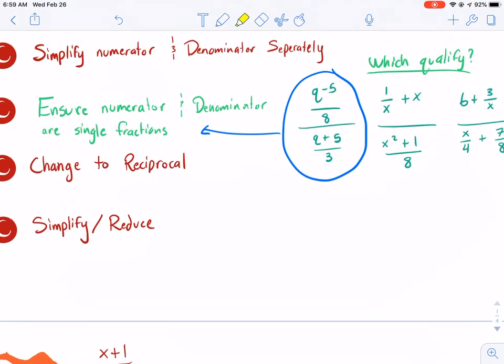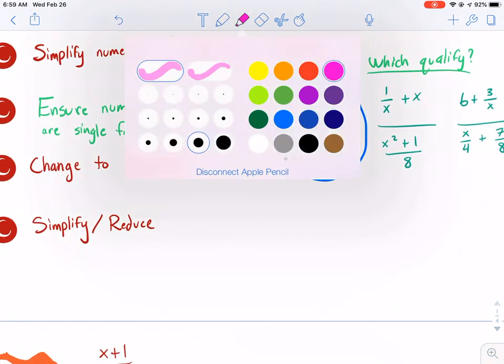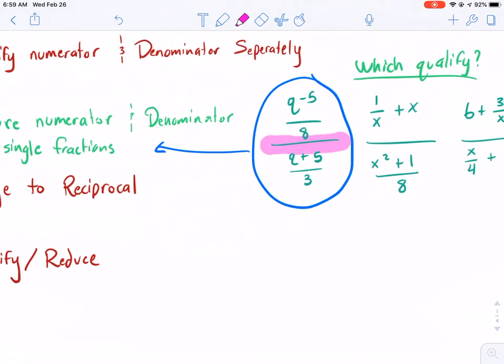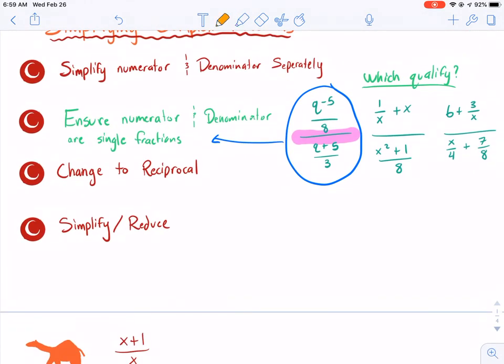We already said that once it's a big fraction like this, it's the same thing as dividing. And as we know, if we divide, it's the same thing as multiplying by the reciprocal. I'm going to give you a quick example just to clarify.